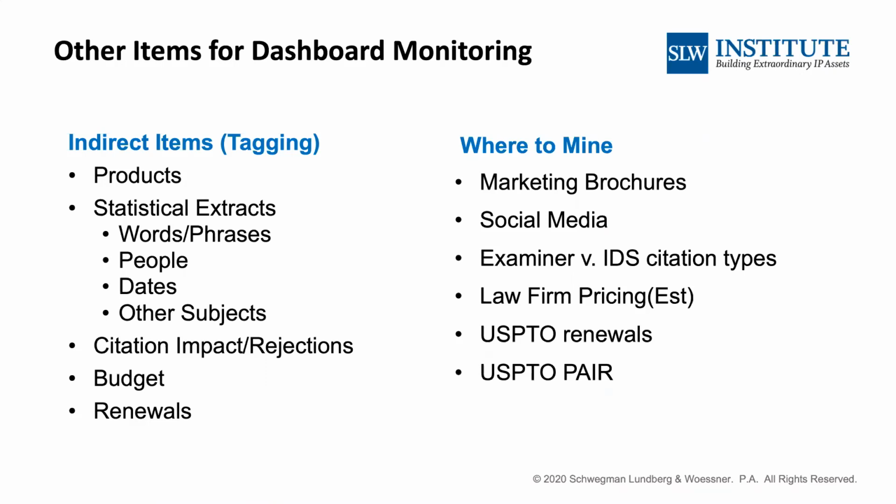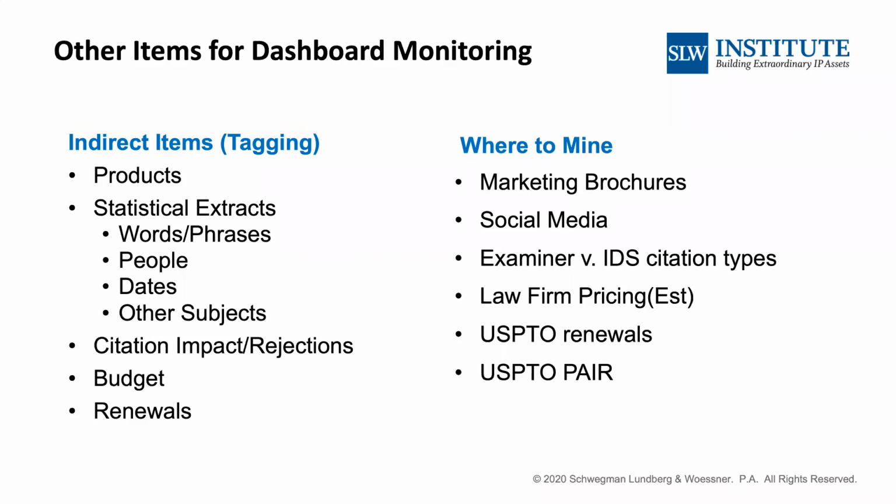One of the things that I think a dashboard must be able to do is to give you quick insight into aspects of budget, aspects of what is covering your product, what things you have in process that could be addressing a competitor, and you can mine these out of a lot of different places.